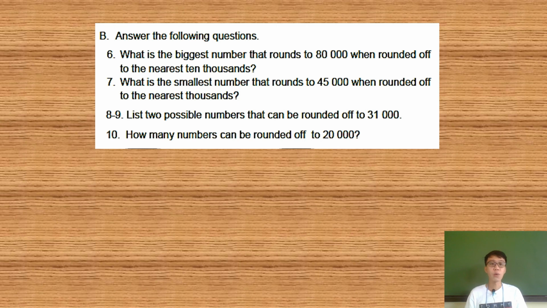Number 7. What is the smallest number that rounds to 45,000 when rounded off to the nearest thousands? And for items 8 to 9, list 2 possible numbers that can be rounded off to 31,000. And for number 10, how many numbers can be rounded off to 20,000?